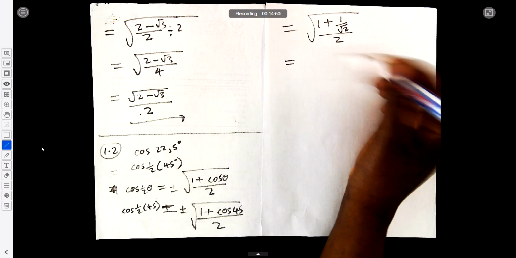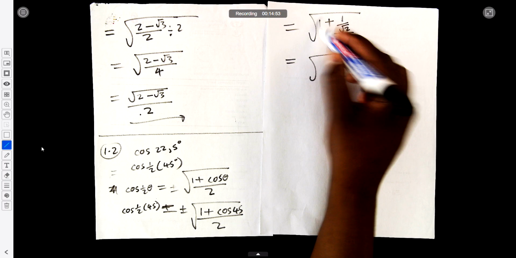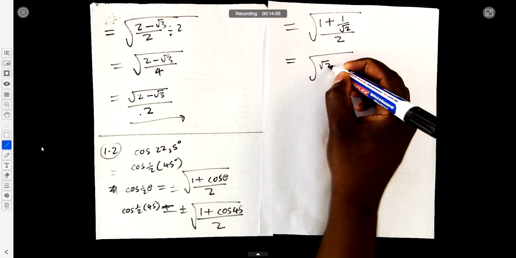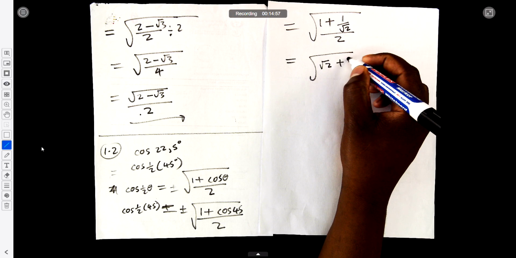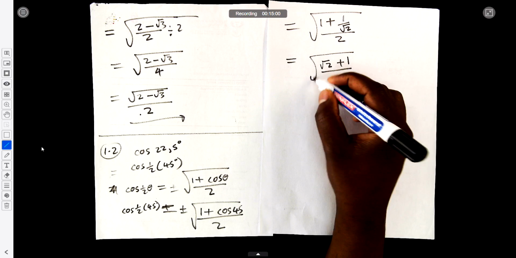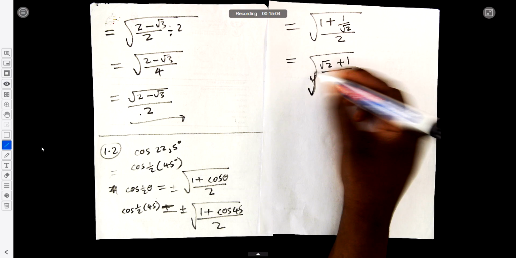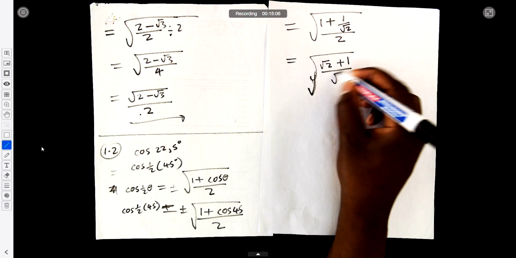Now I'm not using a calculator. So I'm adding the fractions in the numerator. We'll have root 2 plus 1, all divided by root 2.